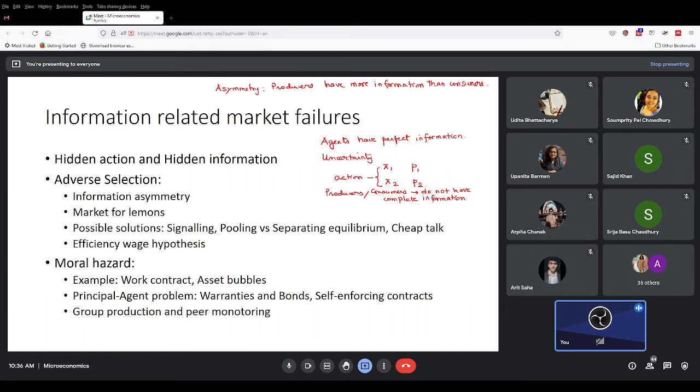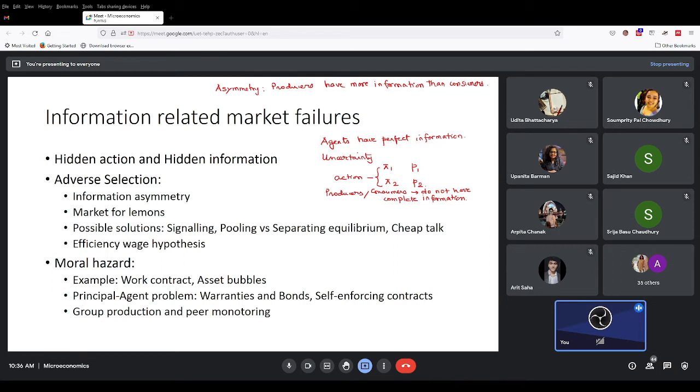It can be the reverse also. Consumers have more information, producers have less information. In these cases, all persons are equally handicapped. In case of asymmetry, you have only one group of agents who are handicapped, and the other group can exploit this situation.